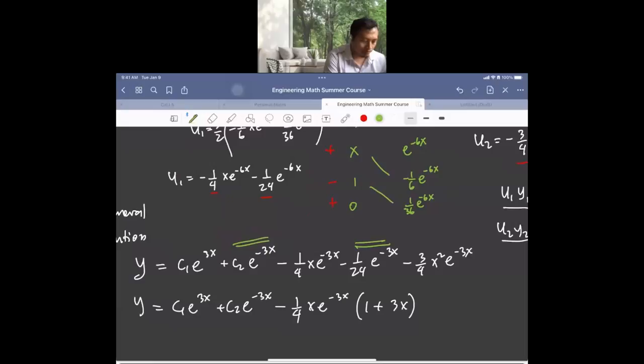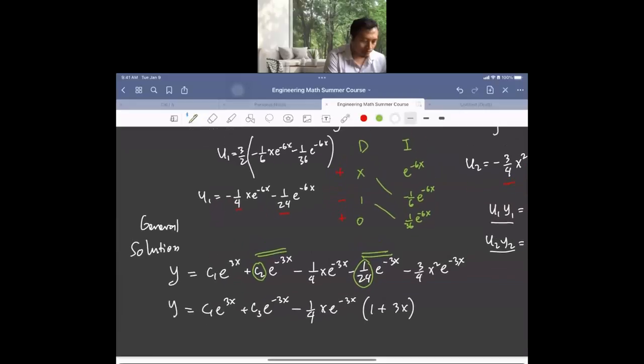And since this and this can be combined, so this is constant, so let's just write another constant, C3. Okay, this is the solution using this variation of parameters.